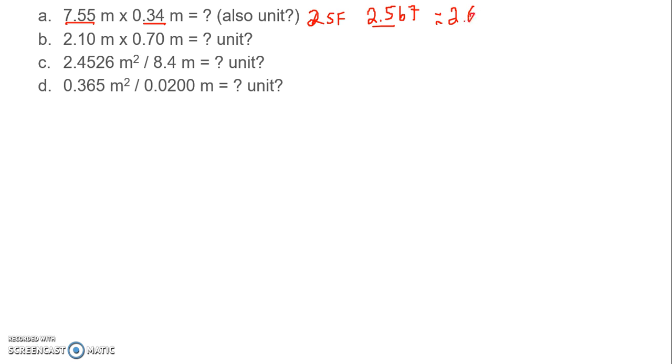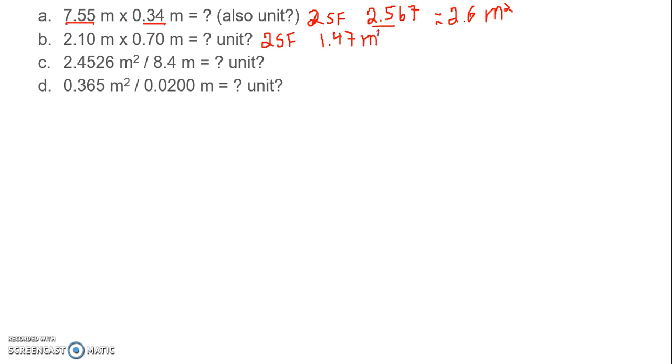2.6. Right? How about the unit? Now you have meters times meters, so that would be meter square. Okay? Meter square. The same thing with this one. How many significant figures here? We have 3, we have 2. So if you plug this into the calculator, of course you need 2 sig fig for the final answer here, and you would have 1.47 meters square.